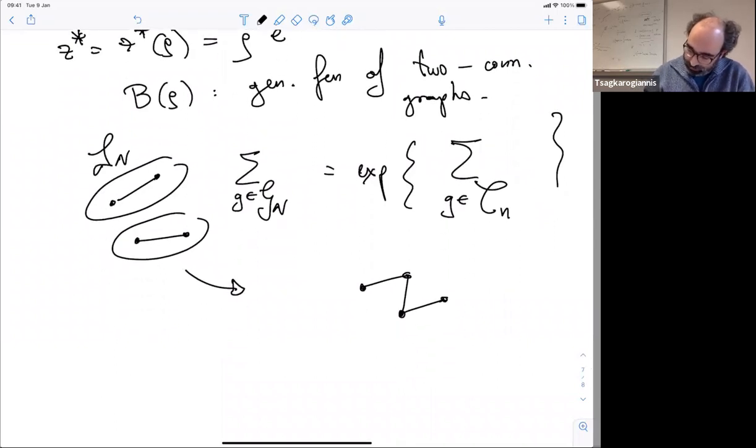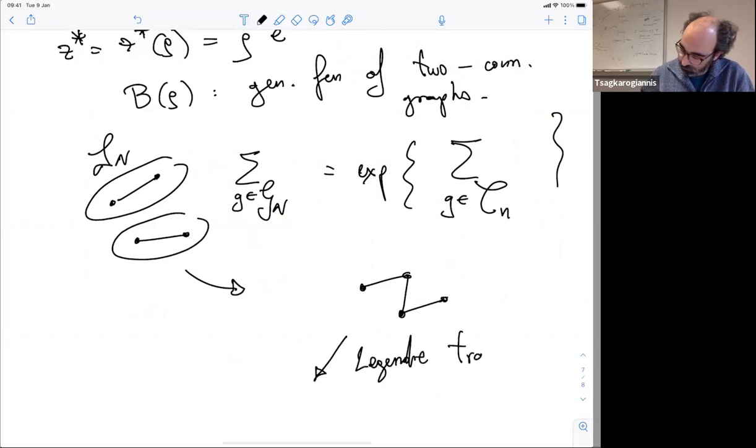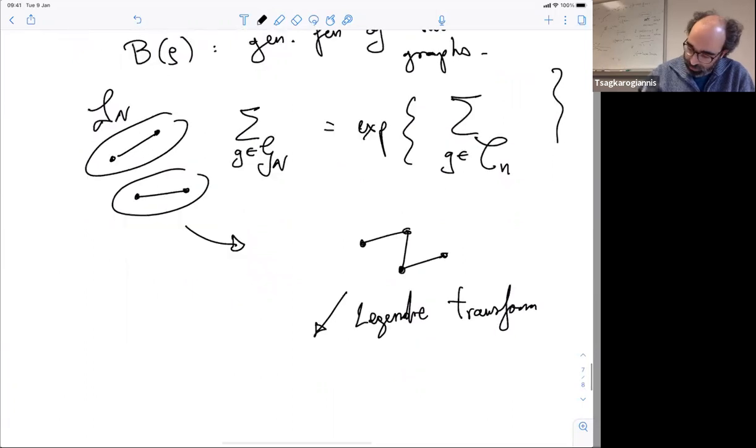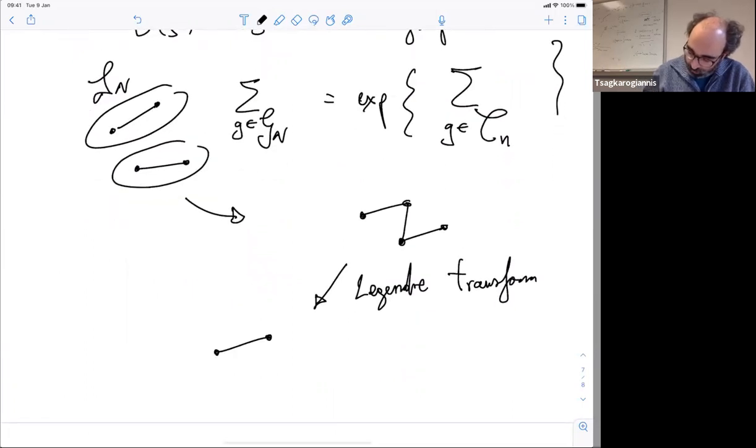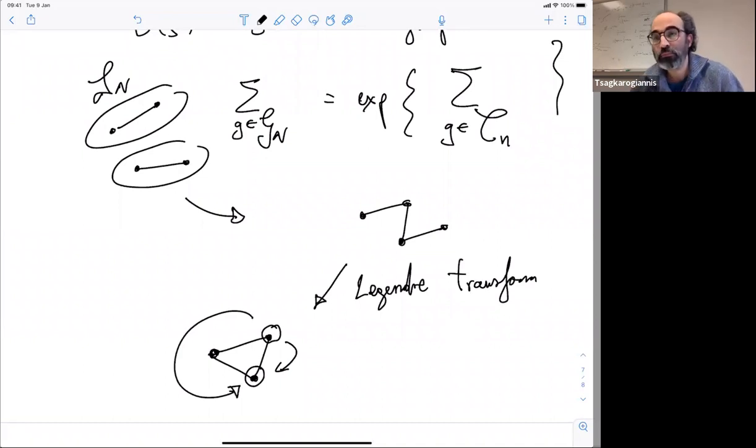And what happens is that when you do the Legendre transform, the free energy is given in two connected graphs, where two connected graphs are graphs where I can go from one point to another point in two different ways. Which is kind of nice because you see how you go from one combinatorial species to another by passing through these graph structures.